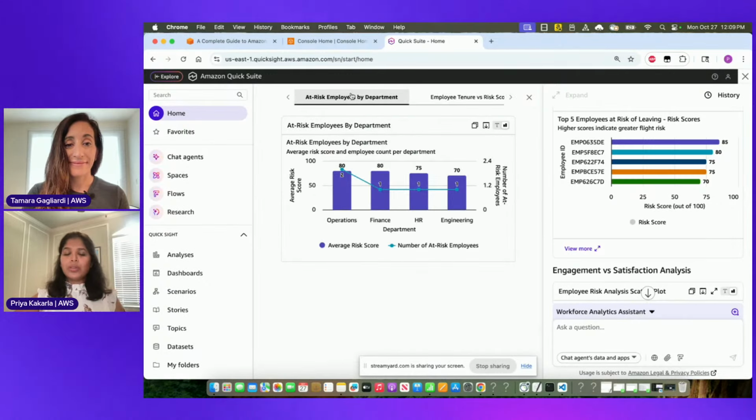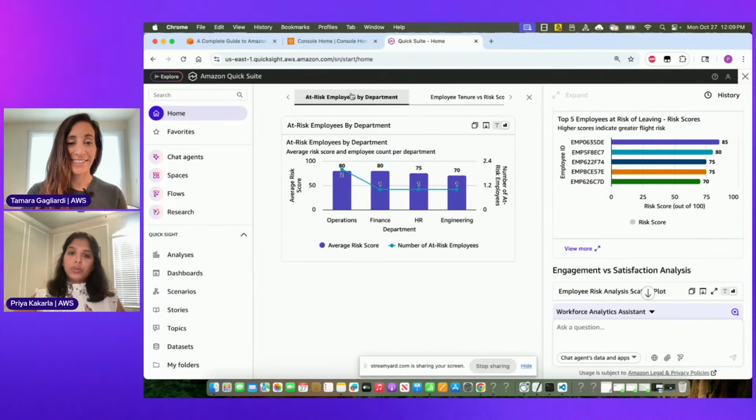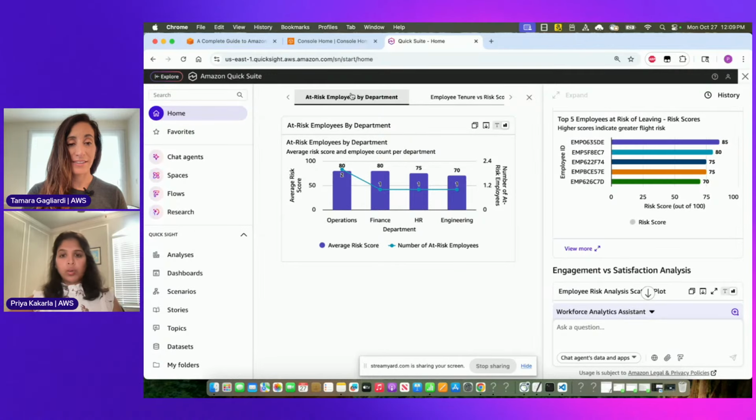I'm also going to touch upon the previous question that you asked me about having access to the data asset behind, right? Just having access to the chat agent is not good enough, because you need to ensure, let's say I'm sharing with Tamra the chat agent that I generated or created. Tamra should also have access to the space that I created and the underlying assets that are available in that space. Because security and giving the right access to the right people is very important in an organization.